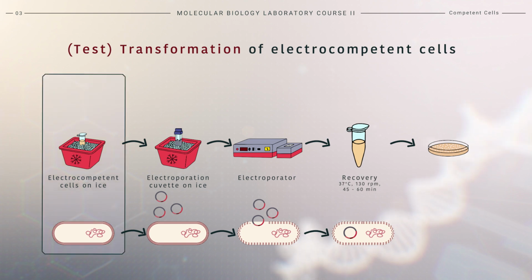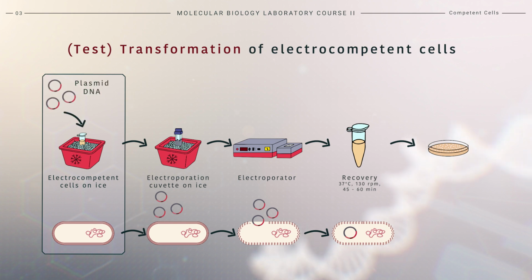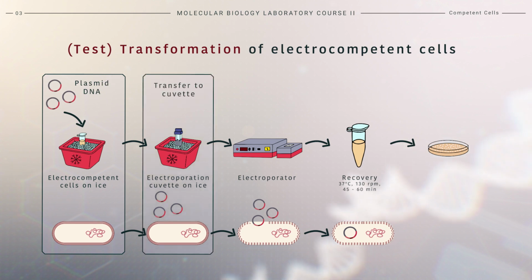The first step is to thaw electrocompetent cells on ice. Then, we mix salt-free plasmid DNA with the cells. Further on, the cells and DNA are transferred to an electroporation cuvette kept on ice. This cuvette has 2 aluminum electrodes on its sides.